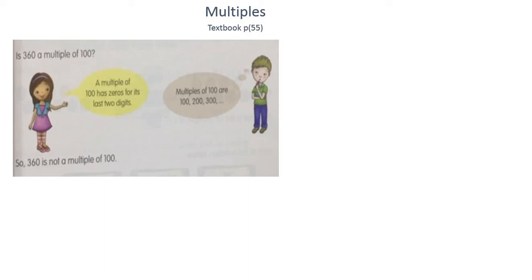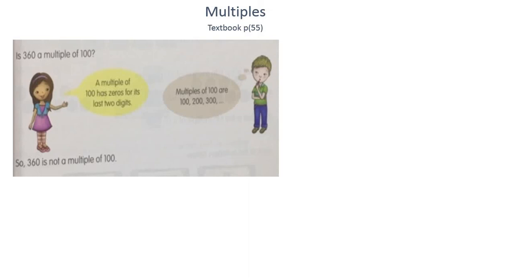A multiple of 100 has 2 zeros at the end, in the last 2 digits. So the multiples of 100 should be 100, 200, 300, 400, and all the numbers that end with 2 zeros. So is this number a multiple of 100?